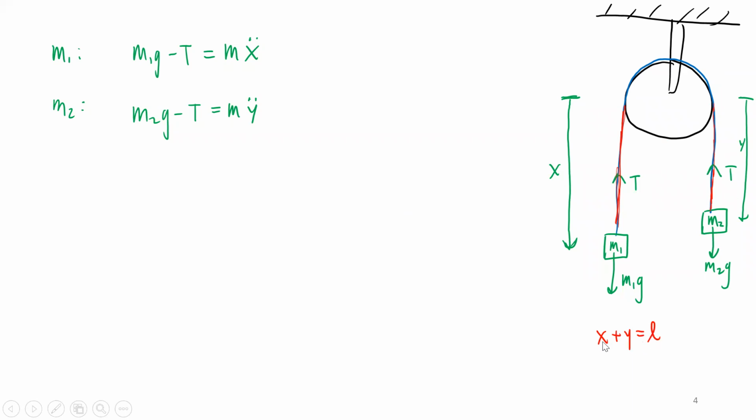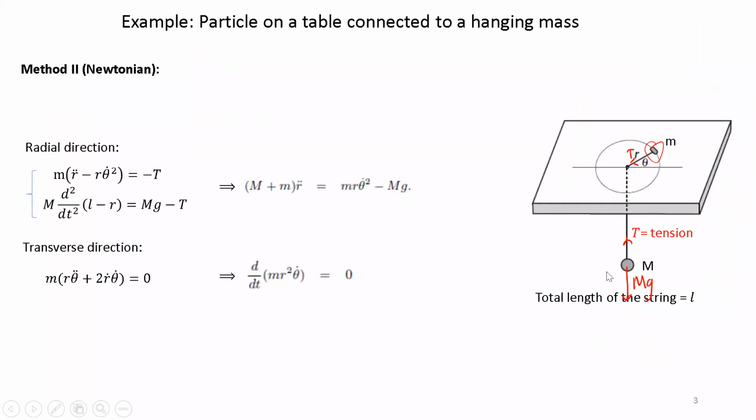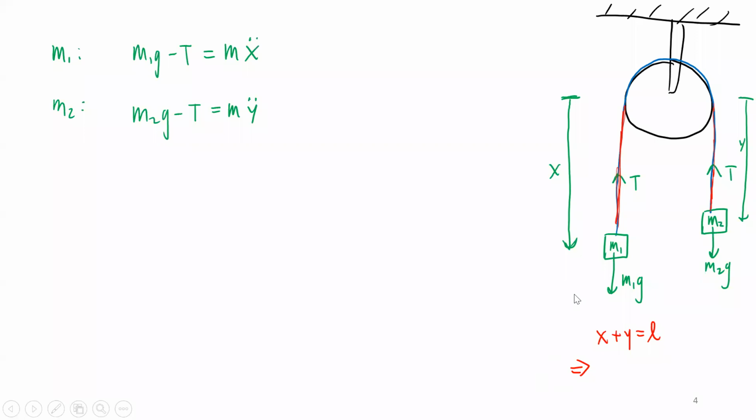So from here, you could find the relation again between the x and y. This is actually very similar to what we do over here, using the fact that the total length is constant.